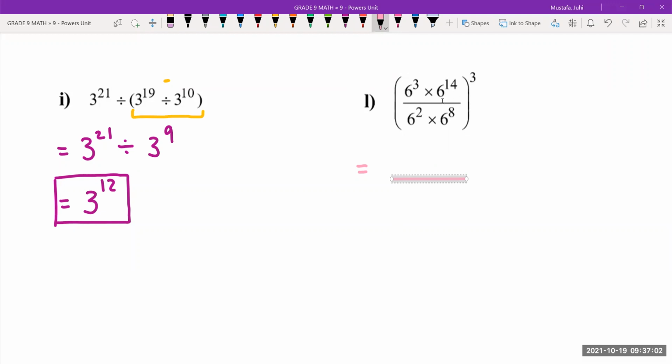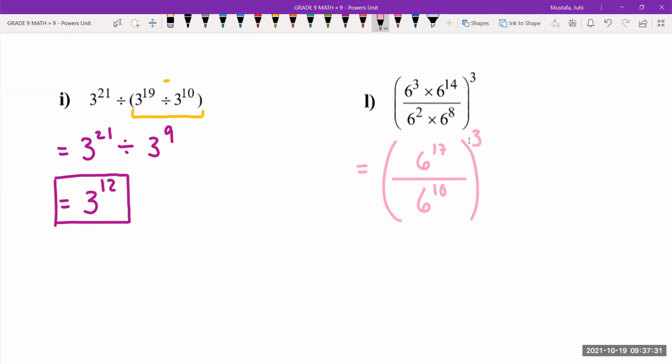6 to the power of 3 times 6 to the power of 14. Same base, multiplication sign. What are we going to get? Oscar? Yeah, and how did you get that? Three plus 14, good, perfect. And then how about the denominator? Farabi, you want to try that one? What do you think about this? 6 to the power of 10, yeah, and do you want to just keep going?